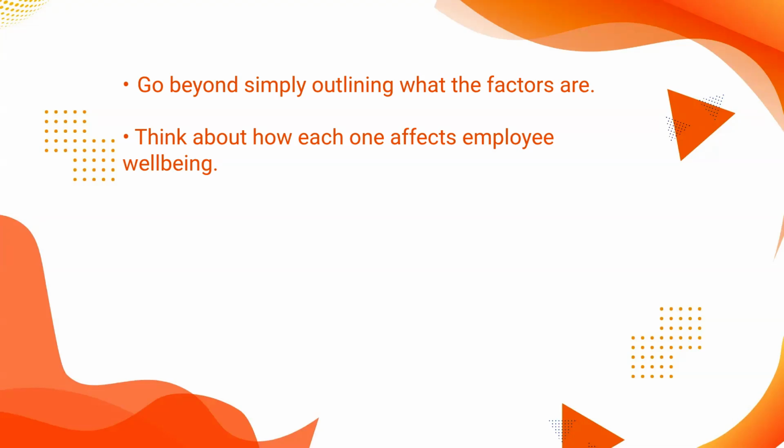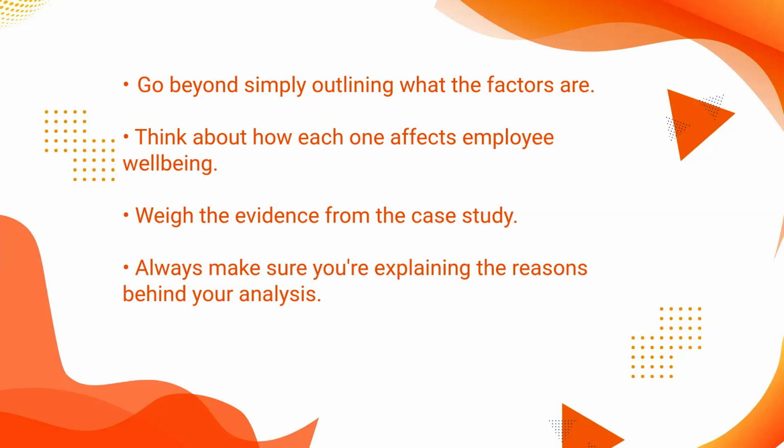So instead of just saying something changed, you could say it's significantly undermined well-being, or it's particularly detrimental. Weigh the evidence from the case study. And don't forget to consider different perspectives. For example, how might these changes feel for management compared to frontline staff? Always make sure you're explaining the reasons behind your analysis.